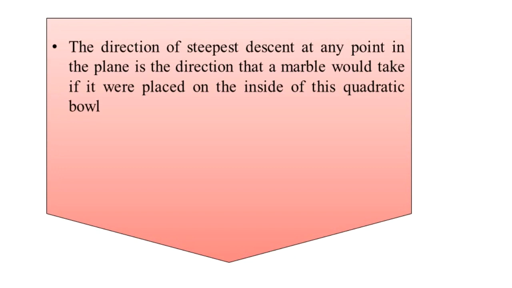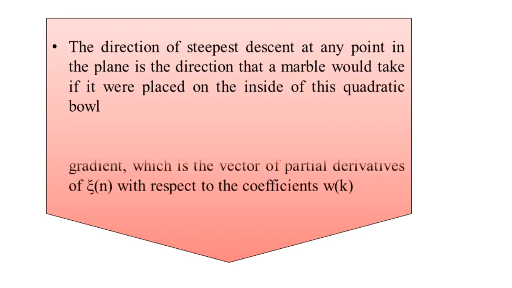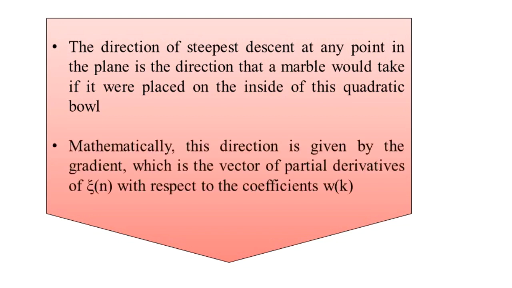The direction of steepest descent at any point in the plane is the direction that a marble would take if it were placed inside this quadratic bowl, and mathematically this direction is given by the gradient. The gradient is a vector of the partial derivatives of zeta of n with respect to the coefficients w of k. For the quadratic function in the previous equation, the gradient vector can be represented here.